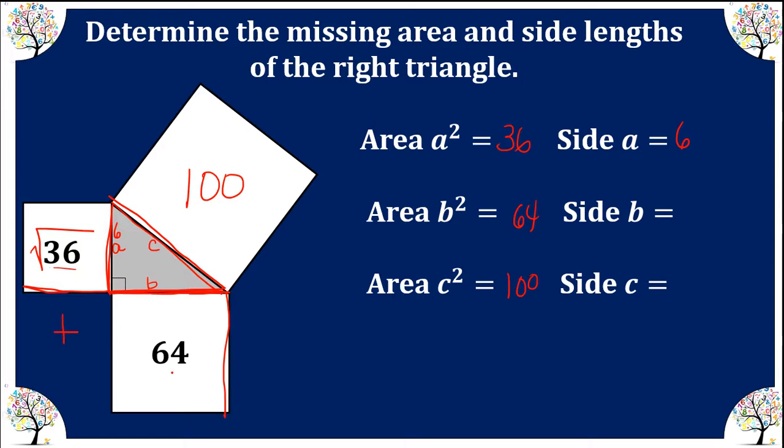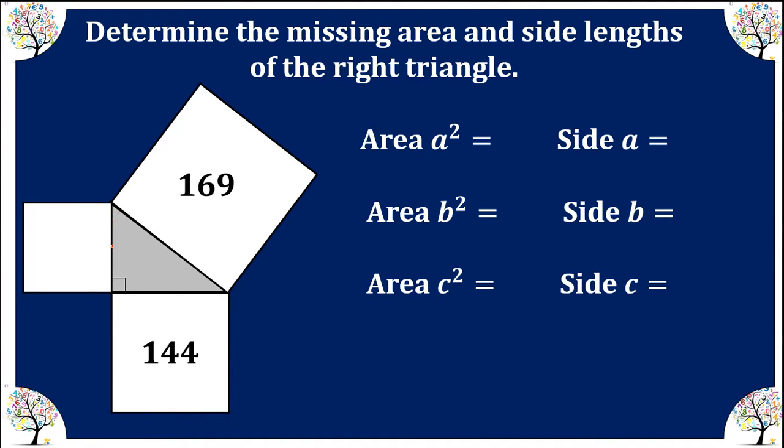To undo the squaring, we take the square root of the area, and this gives us 8. So side B measures 8 units long. And then we take the square root of C squared to get just C, and C equals 10. So the side lengths of this right triangle are 6, 8, and 10.